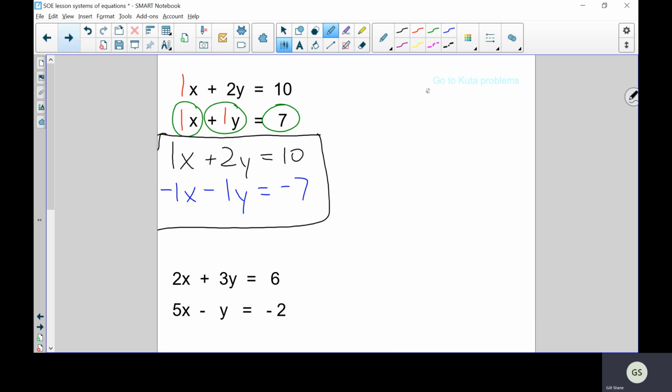I give you $1 and then I give you a bill saying you owe somebody $1, you have to give that $1 away. So positive, negative, and the same value. Which is what we're trying to do. That's the whole goal of elimination, is to get rid of one of the variables by doing exactly that.